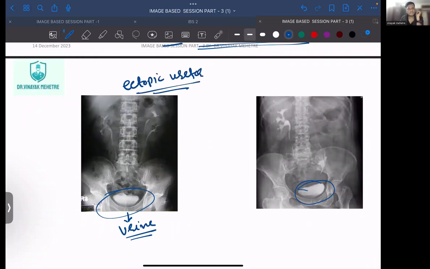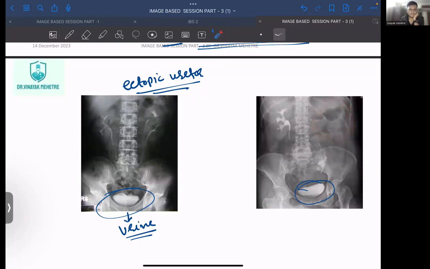And take a look at the other X-ray. We are able to see one calyx and ureter. Over here, it is absent, right? It is absent.